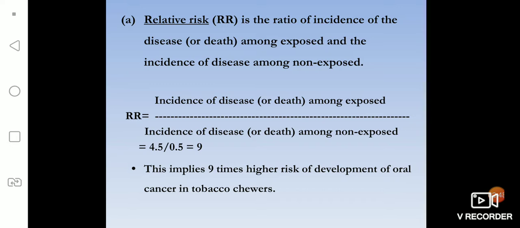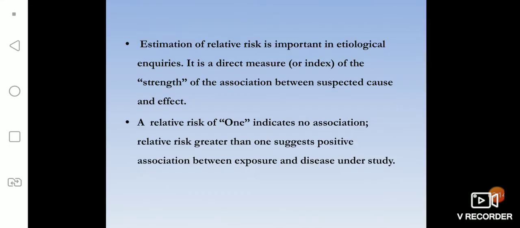This is given by a formula: incidence of disease among exposed divided by incidence of disease among non-exposed, that is 4.5 by 0.5, which makes it 9. This implies that those people who are chewing tobacco are at 9 times higher risk of developing oral cancer than those people who are not chewing tobacco.